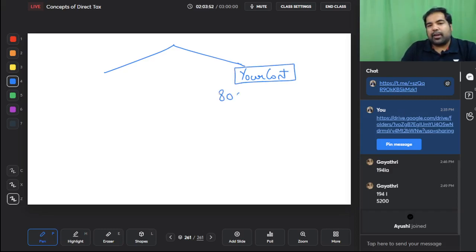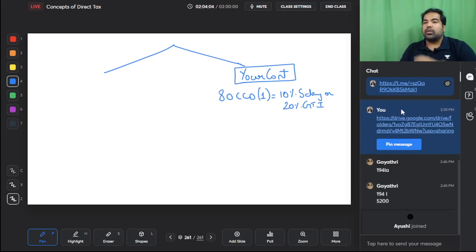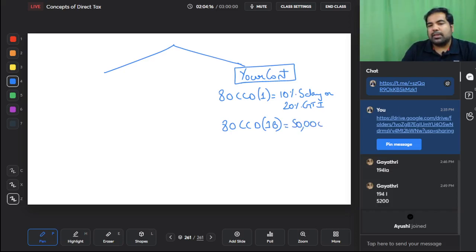For that you will get a deduction under 80CCD(1), which is up to 10% of your salary, that is basic plus DA, or 20% of your gross total income, and this is within the overall umbrella limit of 1.5 lakhs. If you want to contribute more over and above that umbrella limit, you can contribute under 80CCD(1B) up to 50,000 more. These are your deductions because you are contributing.